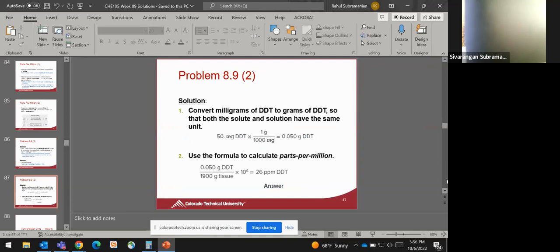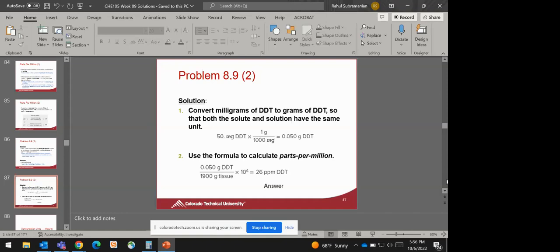Or you can convert the 50 milligrams into grams, as I mentioned, by dividing by 1000, to get 0.05 grams of DDT per 1900 grams of tissue. Now the numerator and denominator are in the same units. Don't forget to multiply by 10 to the power 6. You get 26 ppm. Easy peasy. So parts per million is always going to be 10 to the power 6.